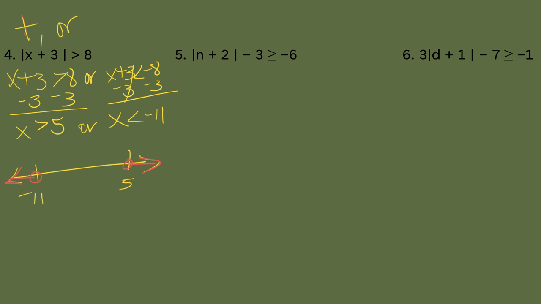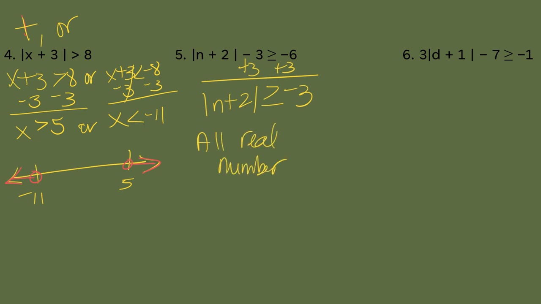So I'm going to add 3 to my negative 6, and I'm left with the absolute value of n plus 2 is greater than or equal to negative 3. Now, I'm able to say, because it's negative, correct? N is greater than... all real numbers.